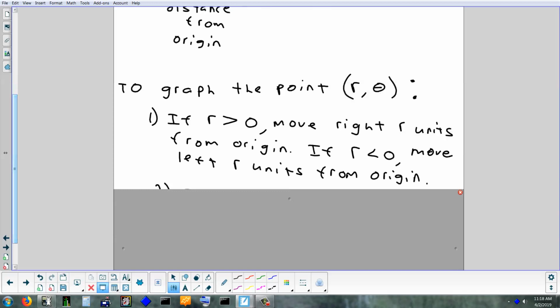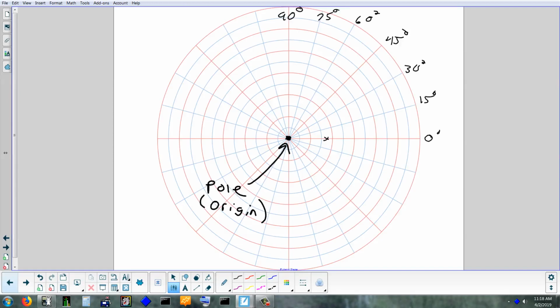All right. So let's say r was, I don't know, 5. 1, 2, 3, 4, 5. So you're starting from there. And now if I said to move 45 degrees clockwise, it's from where the X is. So 45 degrees clockwise in this case would be 15, 30, 45 degrees clockwise.